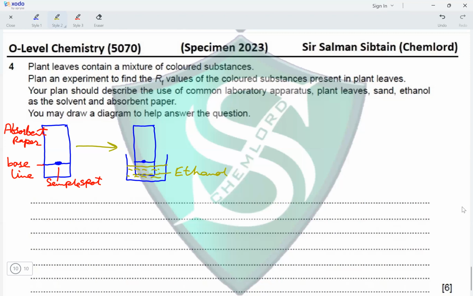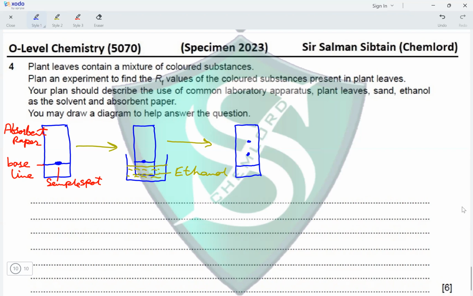And after this, we will show the end result. The end result would be the paper is there, we have the baseline, but the sample spot has moved away and it has split into different spots, which are the colored substances in plants.